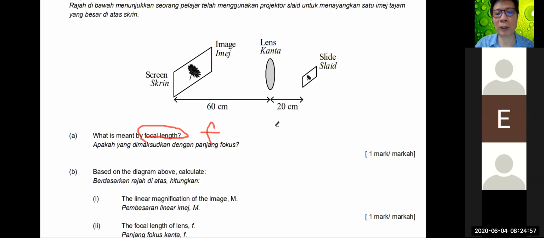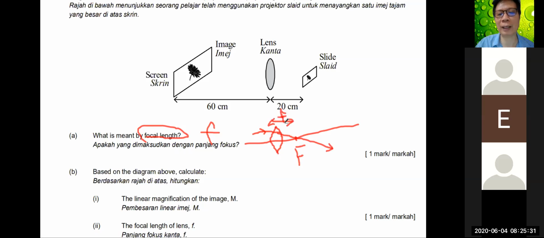Okay, example is like this now. This is a lens, right? So there's a line. Okay, the line go here. Very hard to draw lah. Then it will focus here, correct not? So this is focal point. Focal point is capital F. Then the distance from the center of the lens, here to here, this distance is focal length, small f.